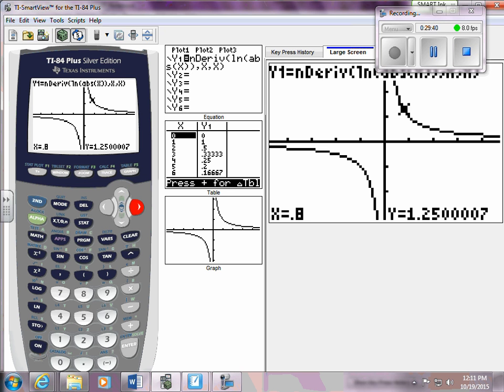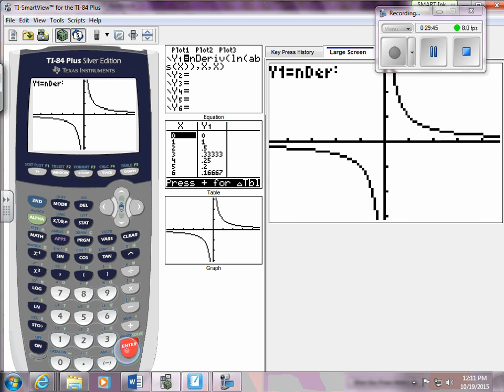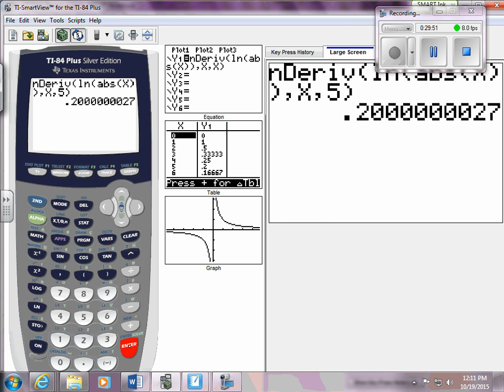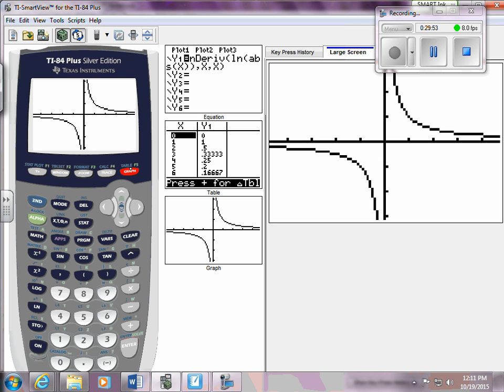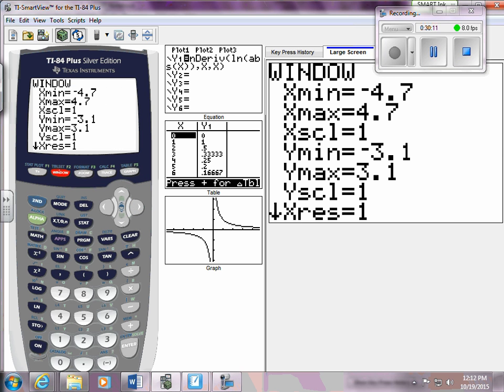That is so smart. You could do second calc, value 5. Oh, I like that. I go back to my graph. I could just make it go out to 5. I'll change my window.